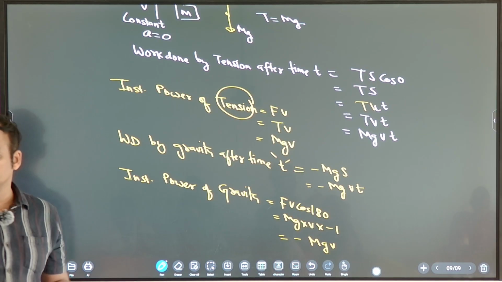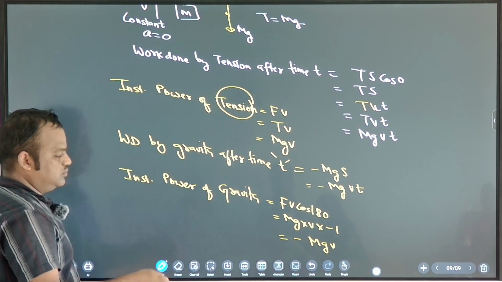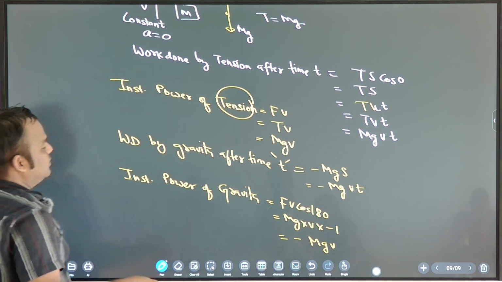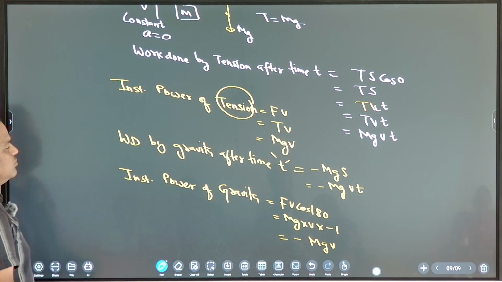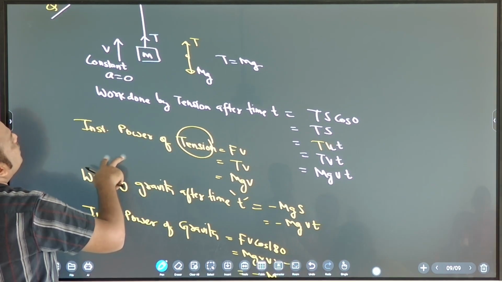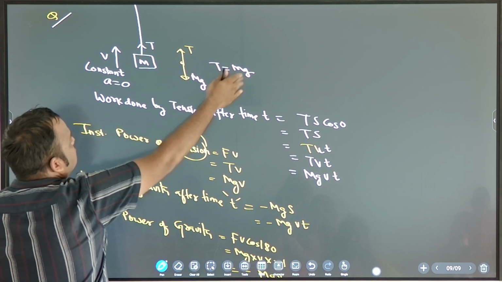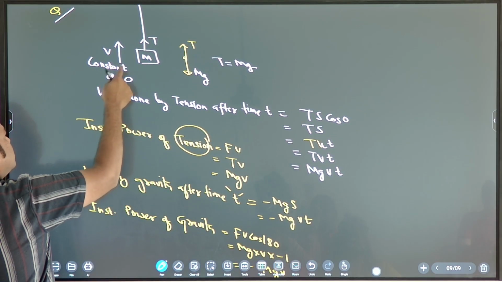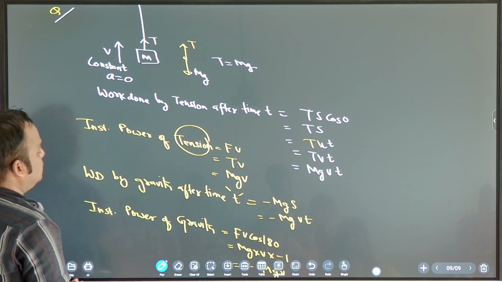Now what is the difference if I pull it like this? Constant velocity or acceleration? Acceleration. What is the initial velocity? 0. So velocity is increasing. Here velocity is constant and acceleration is 0. Now solve the same question if initial velocity is 0 but acceleration is a.